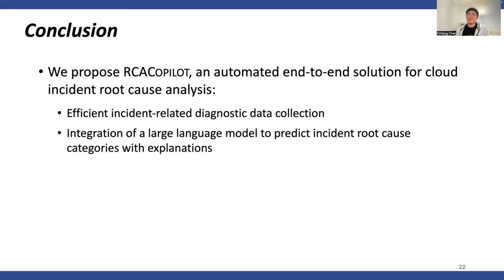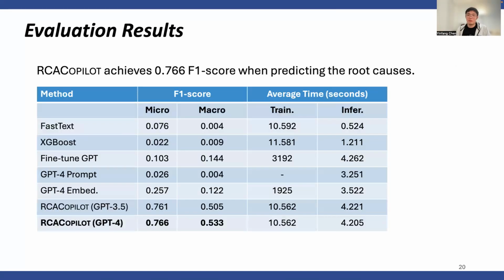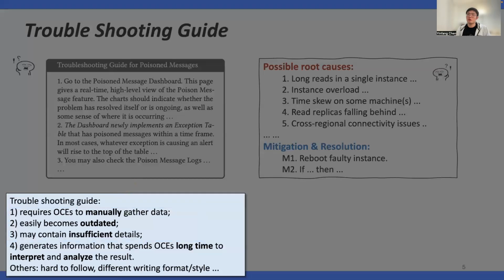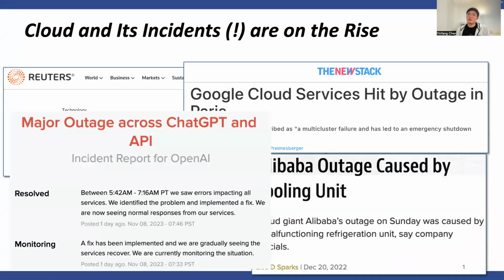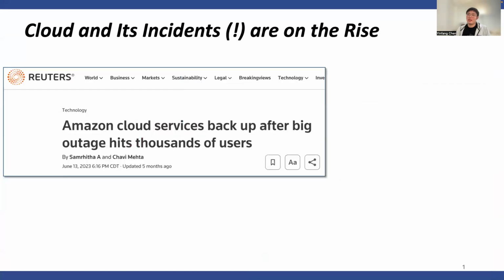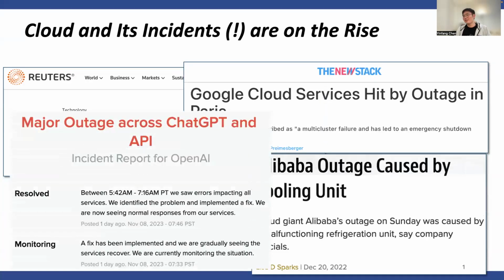I think they are hesitating because those incidents are very sensitive and include a lot of the company's internal information. Also, if you see my background slides, I only show other companies' outages, right? I never show Microsoft's outage or incident news. That is requested by them. They are very strict.